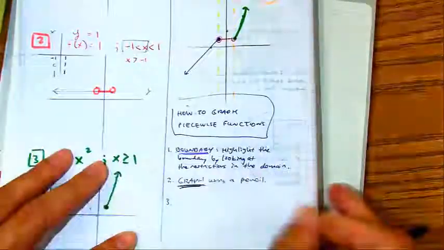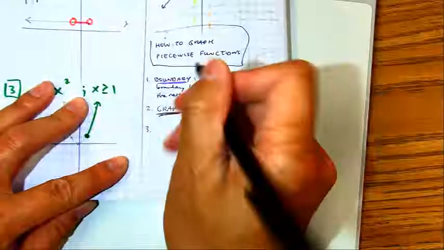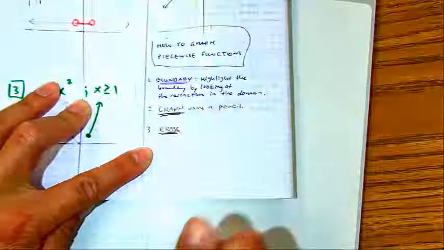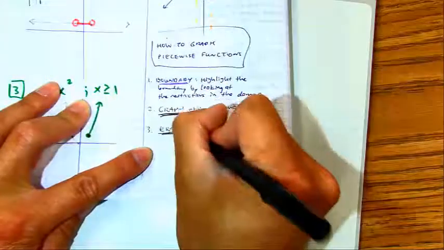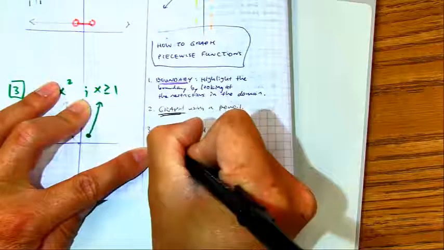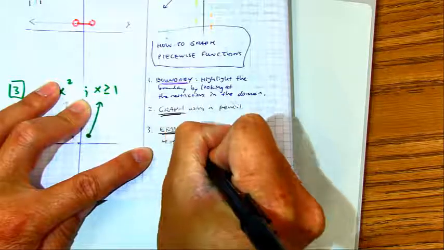Number 3. So we got a boundary, we got a graph. We're going to erase. Erase based on the restrictions of the domain.